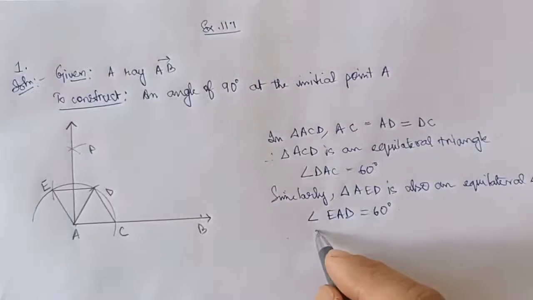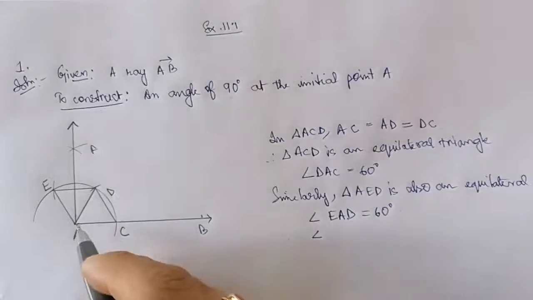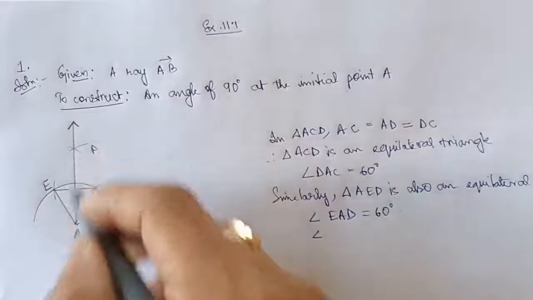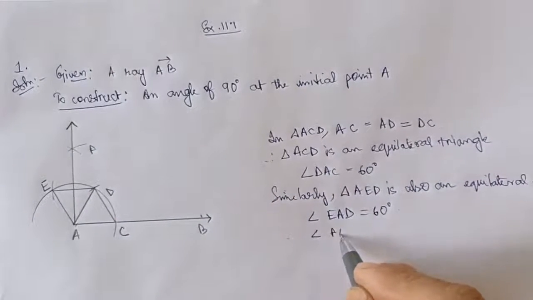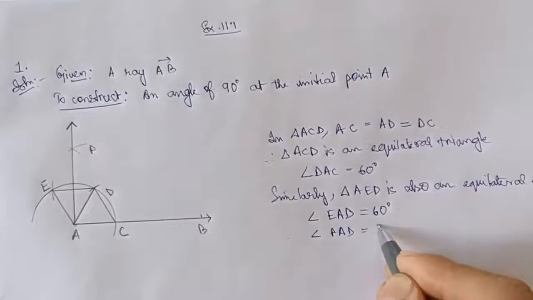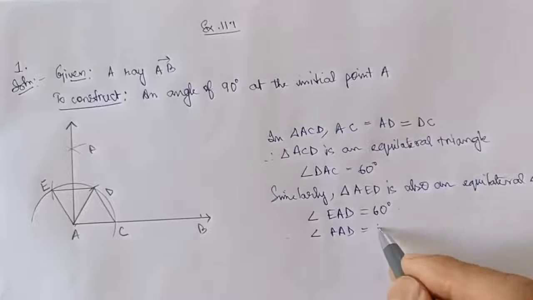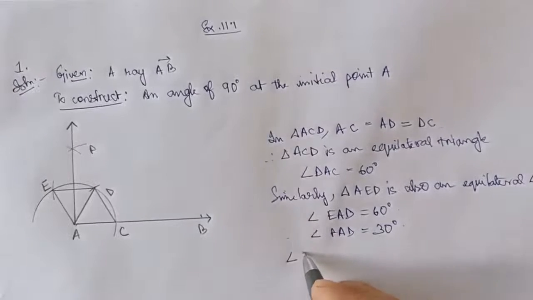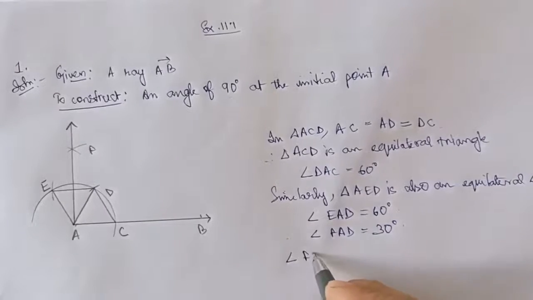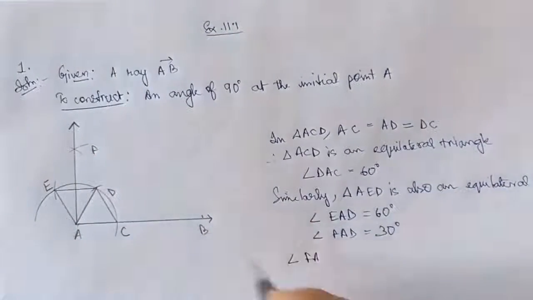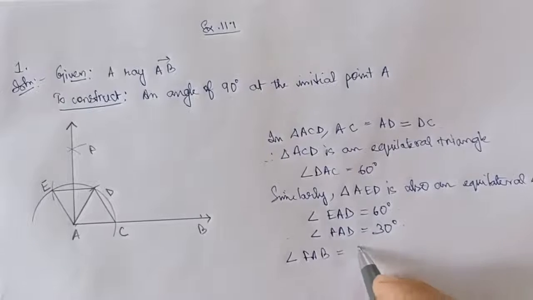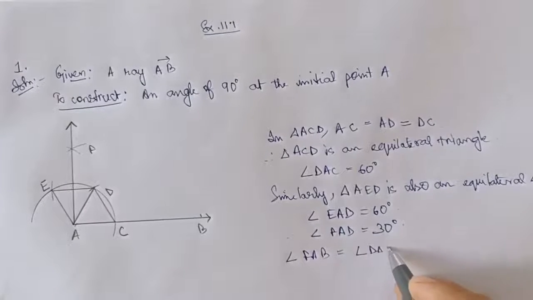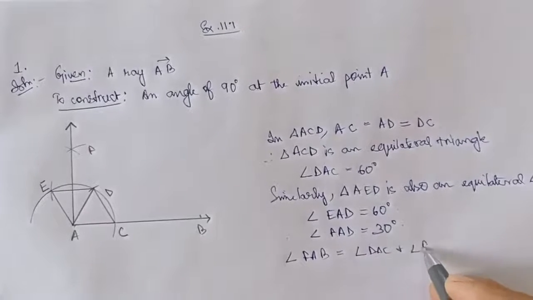So the measure of angle FAD will be equal to half of this angle, so 30 degrees. Now the measure of angle FAB will be equal to angle DAC plus angle FAD.